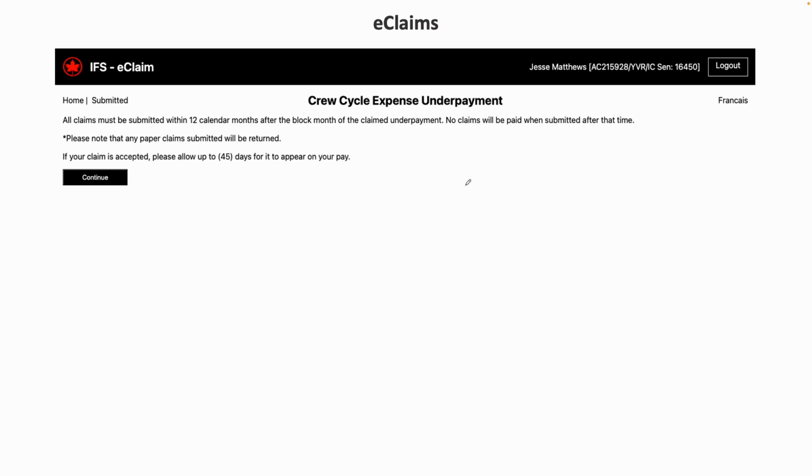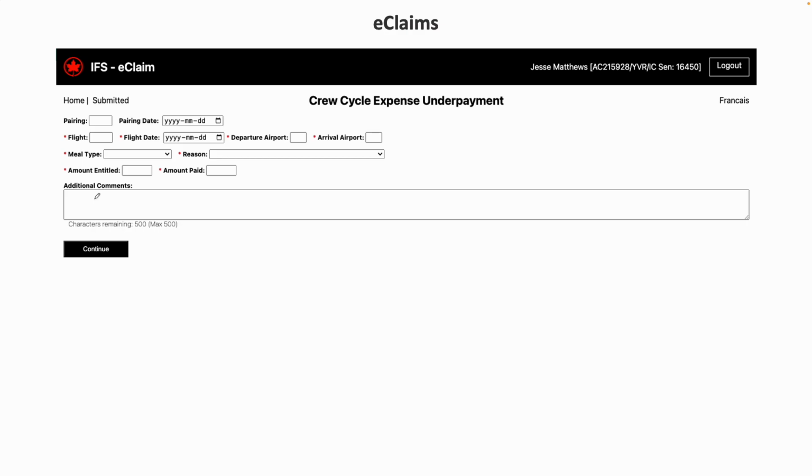So we're going to go into crew cycle expenses, as this is most often what you'll be dealing with when you are missing per diems as a flight attendant or service director. This is just a quick look at the different fields to be completed to recover your meal allowances.